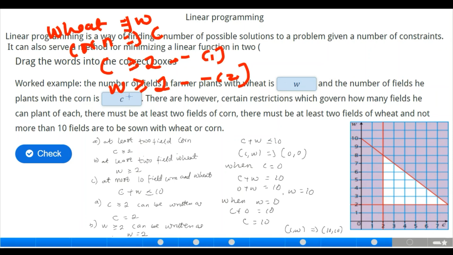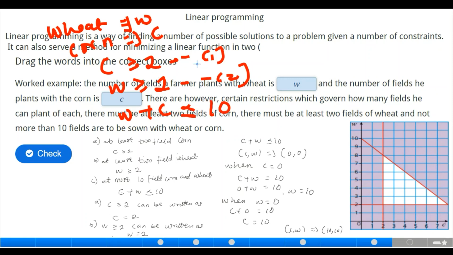So the maximum that we can have on that field is 10 feet of wheat and corn. So it's going to be wheat plus corn less than or equals to 10, because it must not be more than 10.